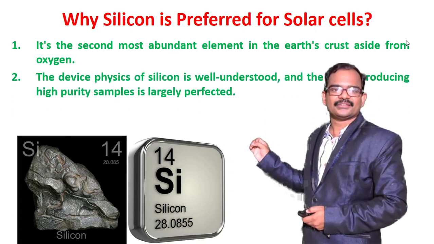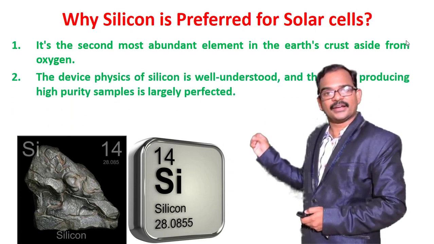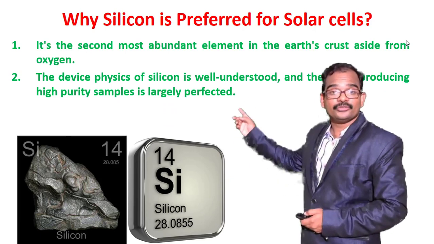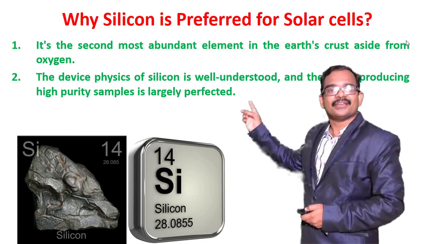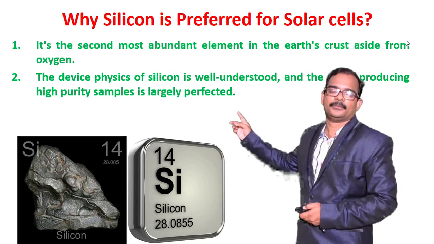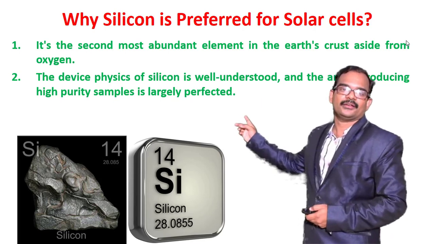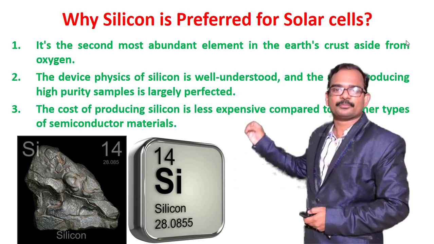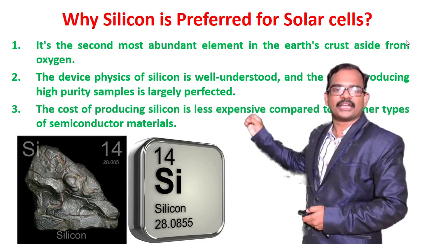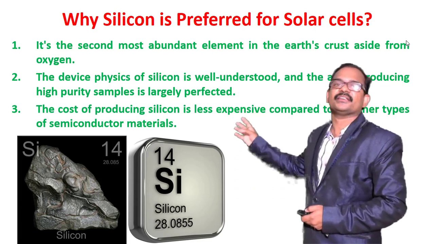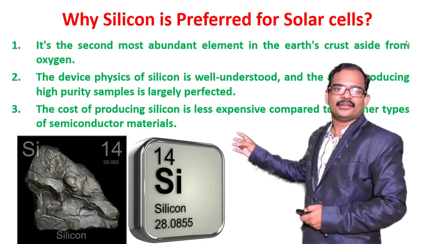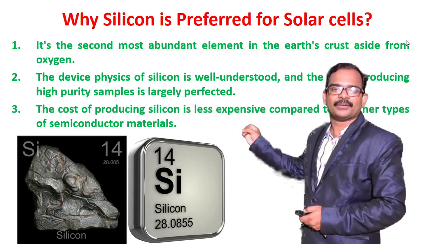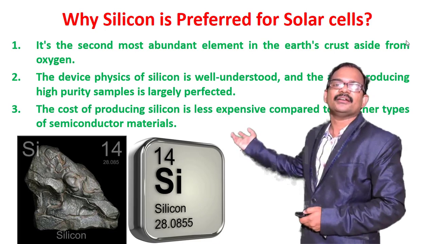The second point is that the device physics of silicon is well understood and the art of producing high purity samples is largely perfected by using silicon technology. The third point is that the cost of producing silicon is less expensive compared to all other types of semiconductor materials. That is the reason why silicon is preferred for fabricating solar cells over other devices.